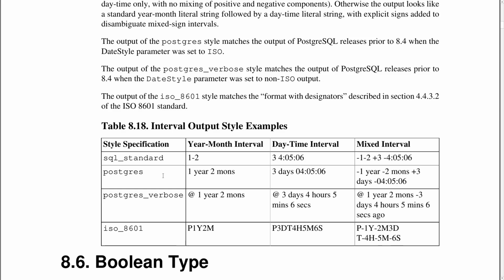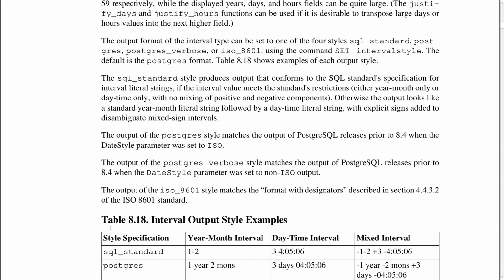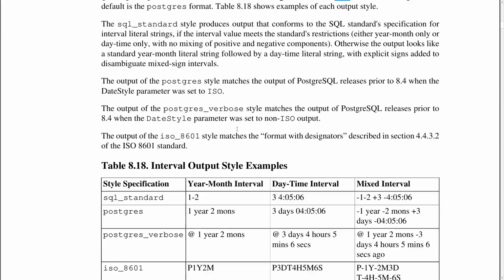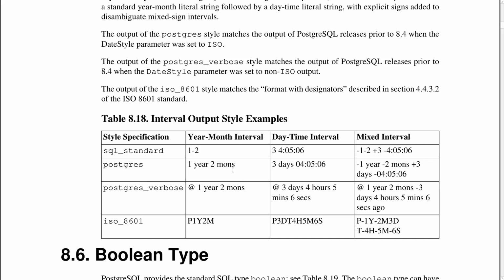When you are querying, you could set the interval style to ISO 8601, and you can set it in your Postgres configuration as well, I believe. The SQL standard style produces output that conforms to the SQL standard, so it is basically the description of this table and nothing more. We'll stick with ISO 8601 in general.